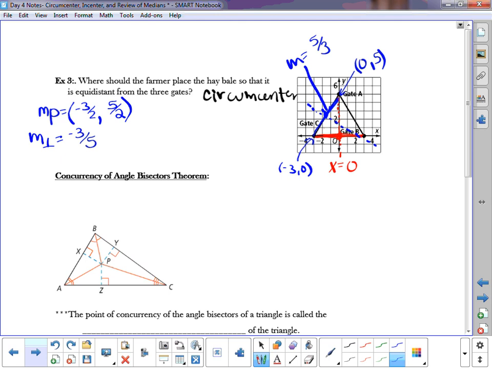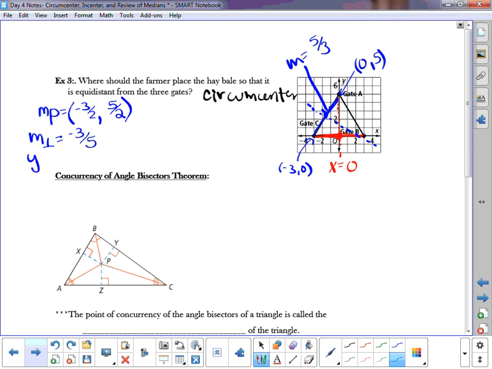We have a point that it goes through, the midpoint, and we have the slope of that line. How do I write the equation given a point and the slope? Point slope form. All right. Now you can use whatever equation you want, but I think that's going to be easiest. So I'm going to write my equation.